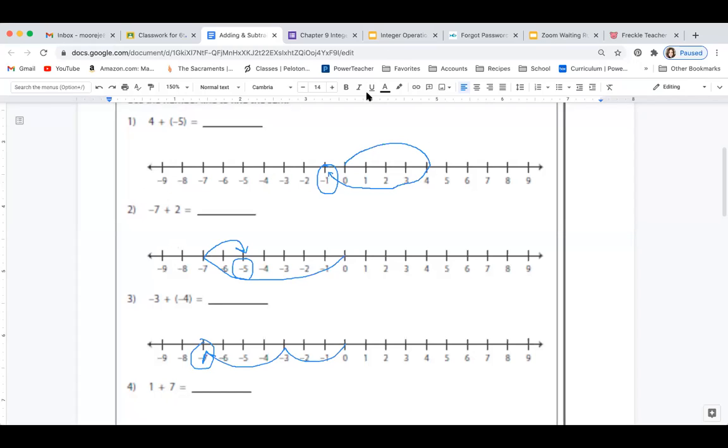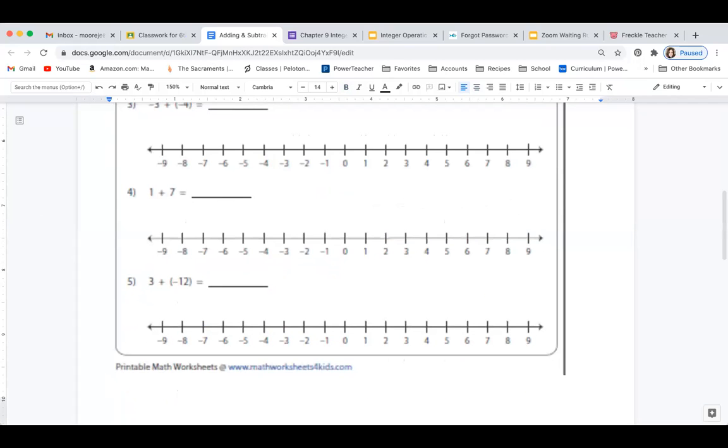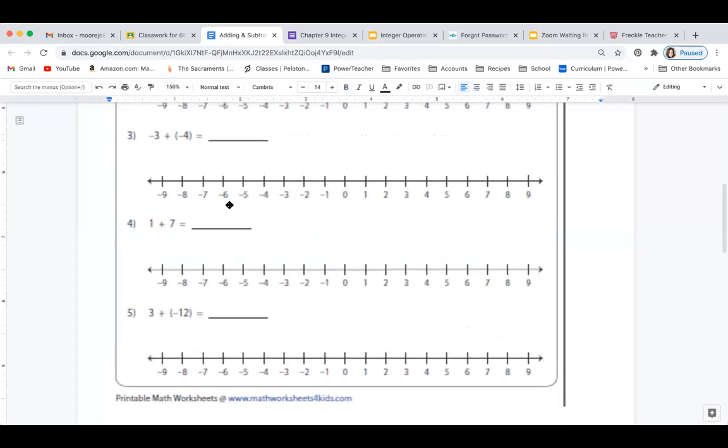Let me clear my screen, and I'm going to pull my paper down just a little bit so we can see a couple more examples. Right here, 1 and 7 more. That's easy. Start at the origin, add 1, add 7 more. Where do I land? +8.